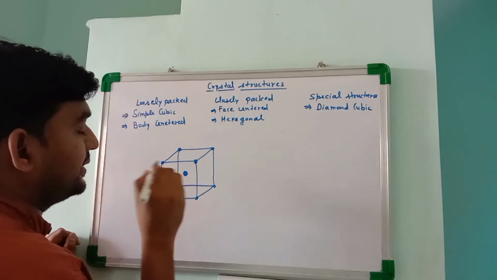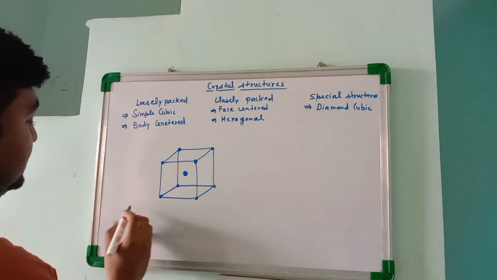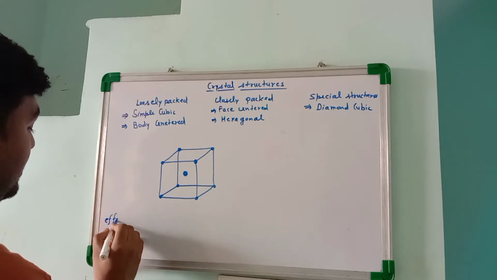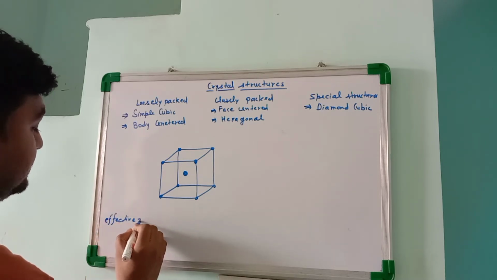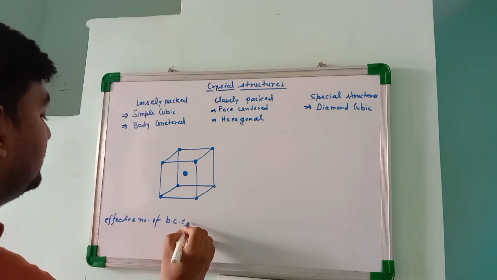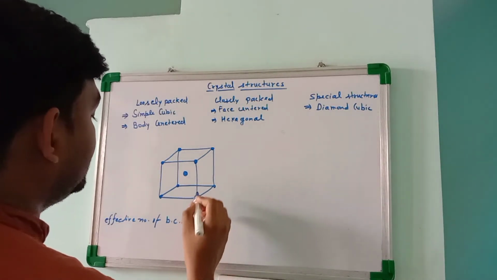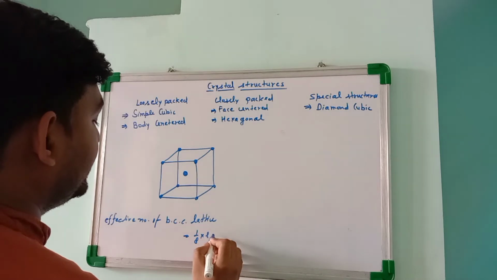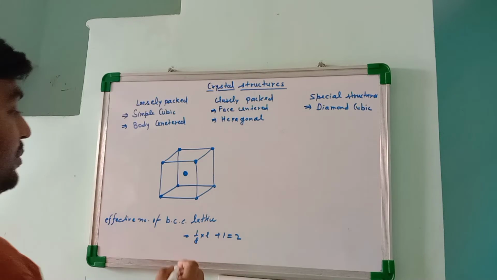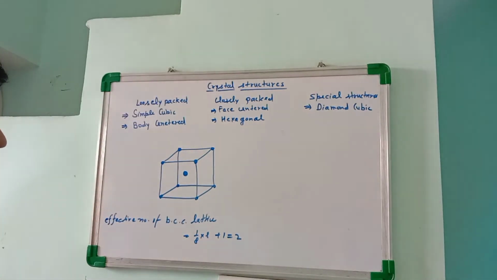Complete atom is present here. So the effective number of atoms in the body centered cubic lattice equals 1 by 8 into 8 plus 1, that is 2. So the effective number of atoms in the body centered lattice is 2, and now we will calculate.